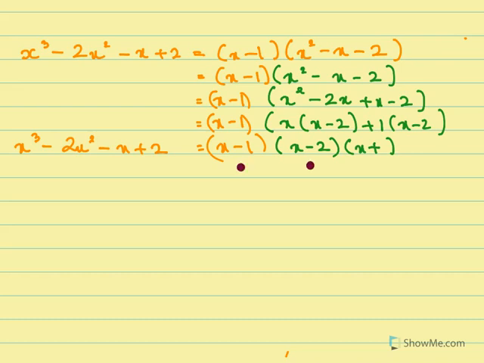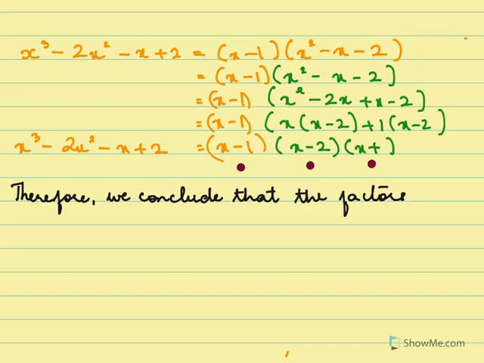This is factor 1, 2 and 3. So we have factorized the polynomial x cube minus 2x square minus x plus 2. Thus we conclude that the factors of x cube minus 2x square minus x plus 2 are x minus 1, x minus 2, x plus 1.